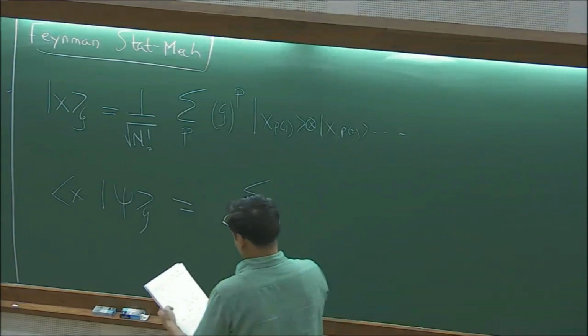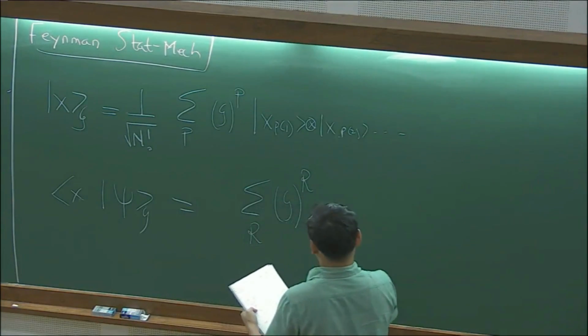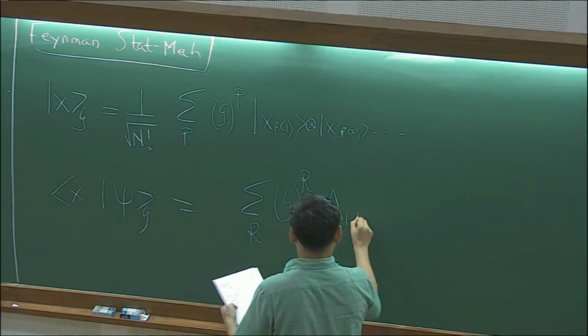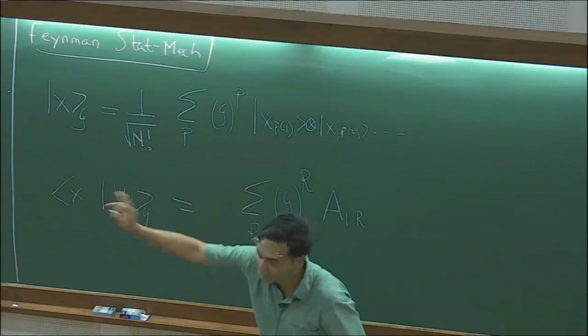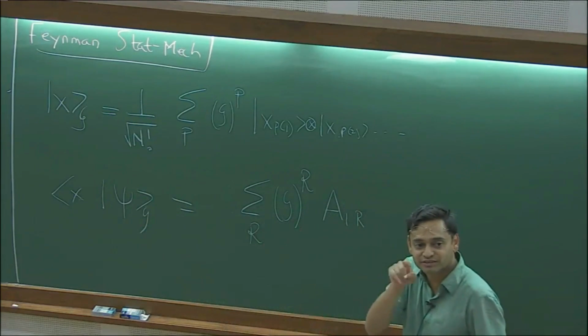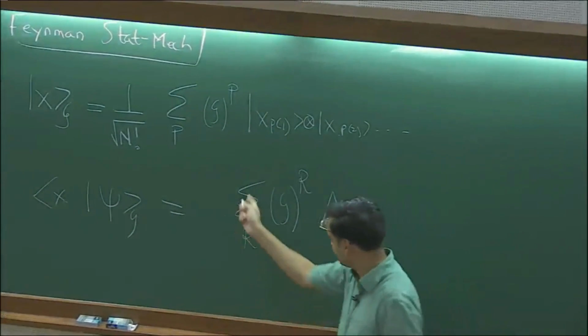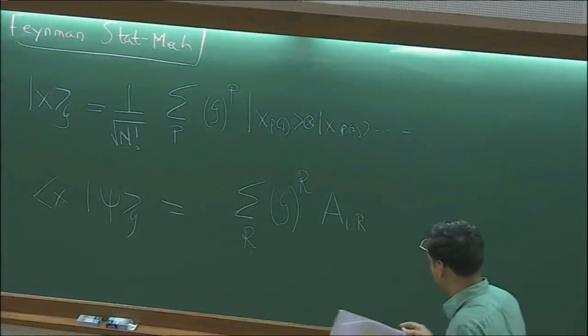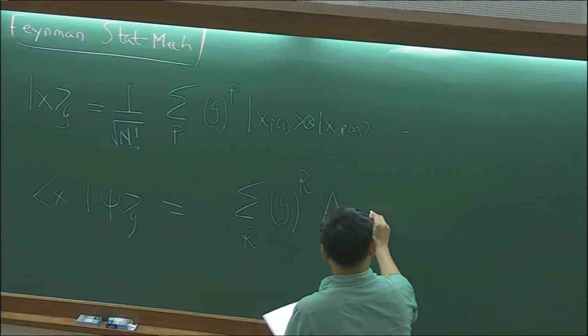This is some other label. Notice this 1 over n factorial went away. That goes away because you have a sum over two permutations, and then there's one delta function. You can do this yourself. So you get a product of these matrix elements.